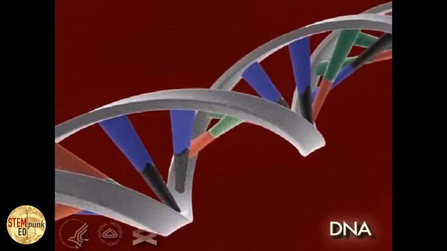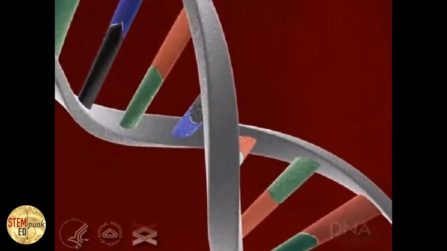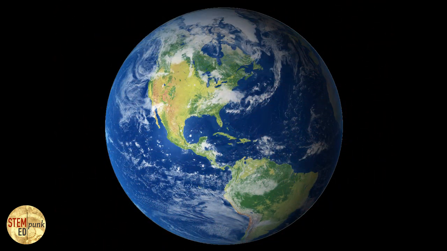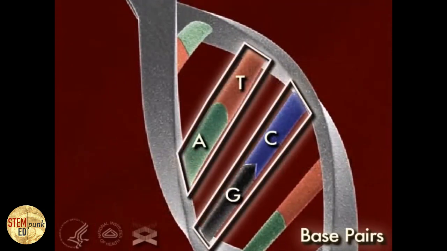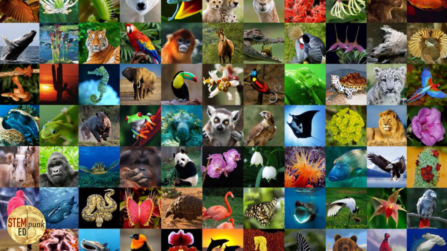And if that's not enough of a mind blower, DNA, the genetic code that determines the form and operation of every living thing on Earth, from microorganisms to giant whales, is itself made up of just 4 chemicals that are combined over and over in different arrangements and orders to create all life as we know it.